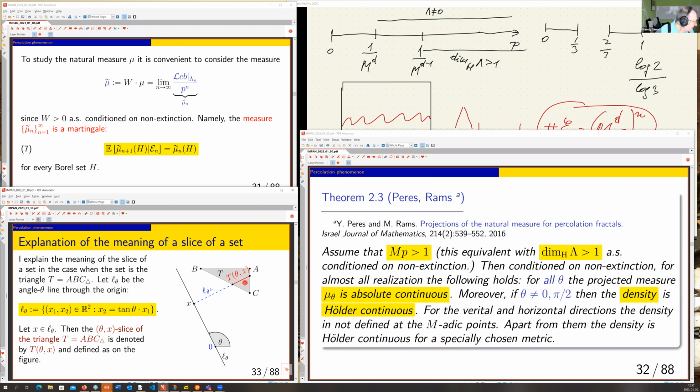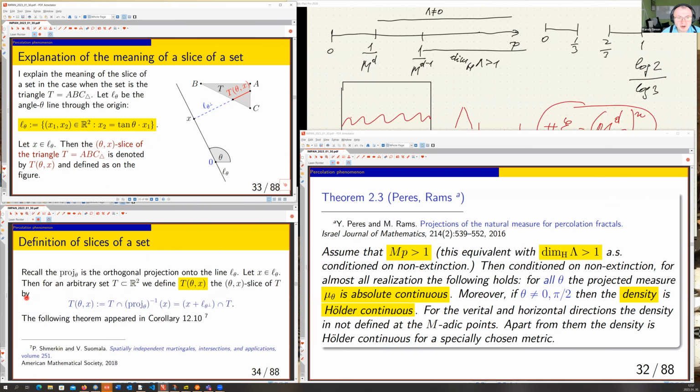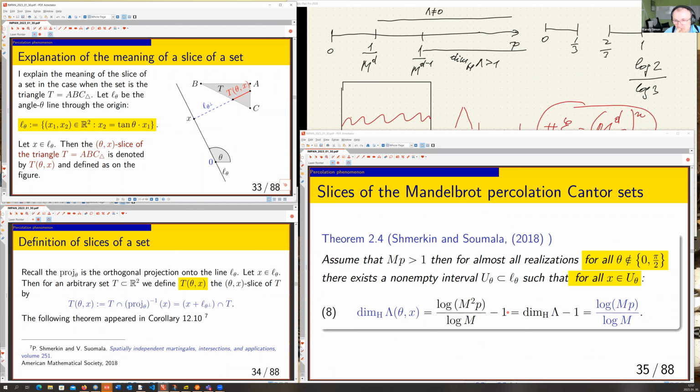What you see over here, this red set, is the slice. So this is the intuitive definition of a slice, and the official definition is written, but I believe everybody knows now what a slice is, so maybe I can go ahead.